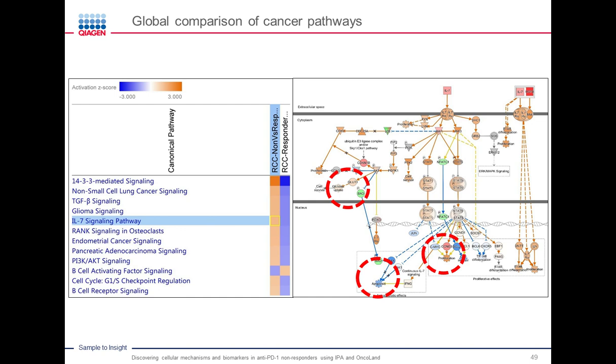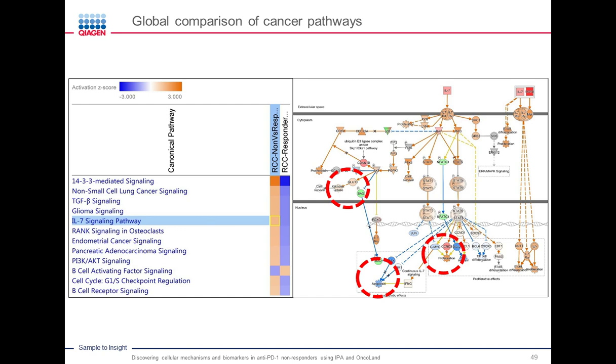And orange and blue, again, are predictions made by IPA. And you can see a lot of these cancer pathways are on in non-responders and off in responders. So for those of you, again, who are looking for mechanism of action, you can see how different cancer-related pathways are on in non-responders. And this can be one of the ways non-responders are resisting the therapy.